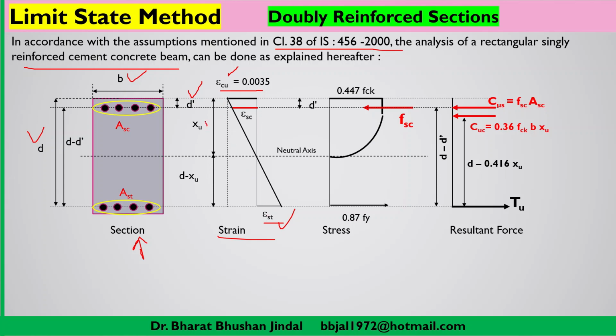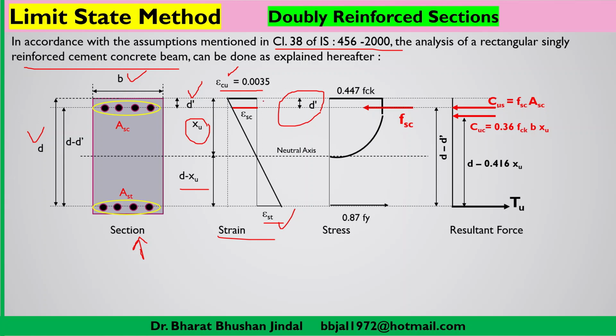Now there will not be any change in the XU value. That means XU will be the depth of the neutral axis at the ultimate limit state, that is the distance from the topmost fiber to the neutral axis. But the only difference here is that this will be d minus XU, and another new thing which we are going to discuss here is d dash.